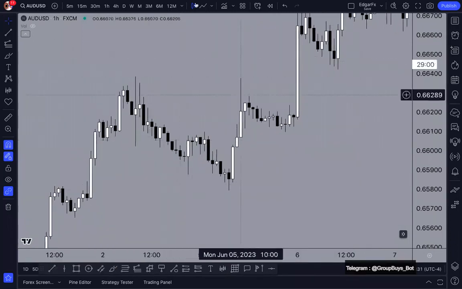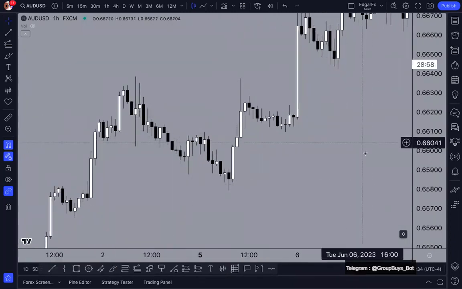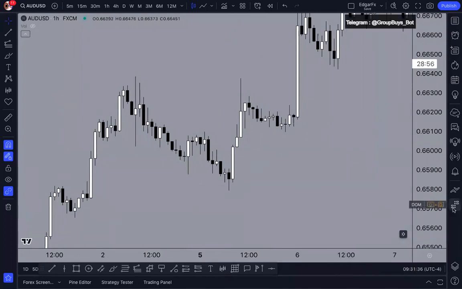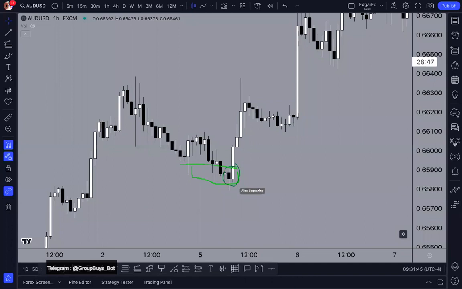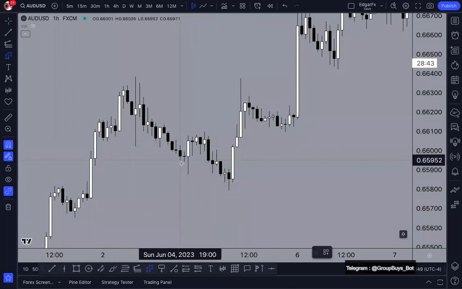Where in here do you guys see a low being taken that resulted in an up move? There it is. You guys can erase that. Let me draw a little bit.